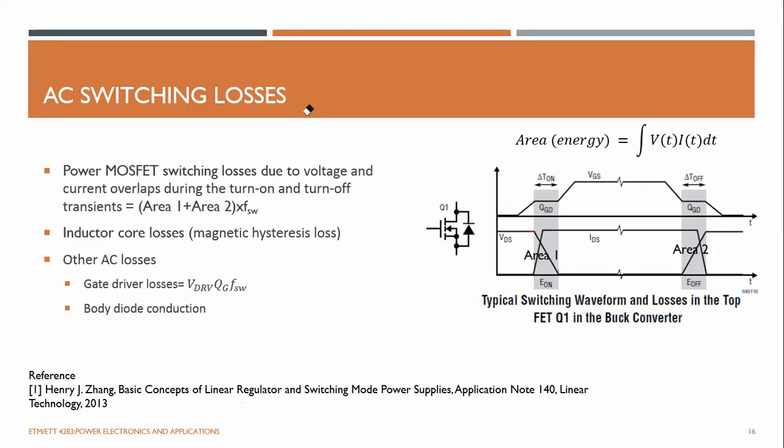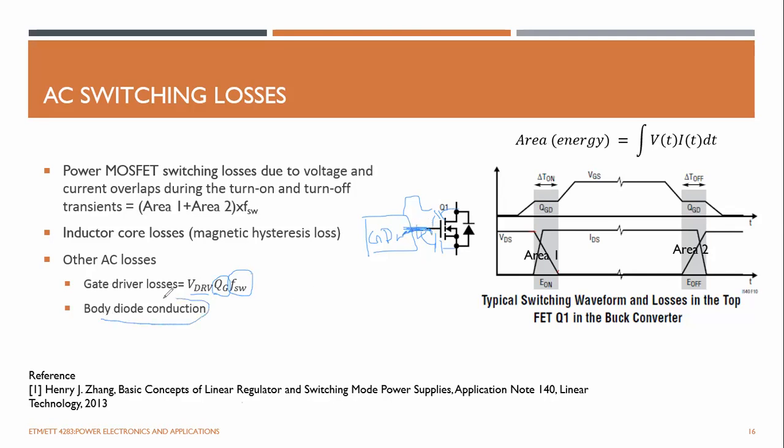Other AC losses are due to the gate driver. So you have to provide a gate driver. If you know the gate drive voltage, and if you know the gate charge, the total charge of these capacitances, which you can find from the data sheet, and the switching frequency, based on that, there's a heat dissipation of the gate driver.